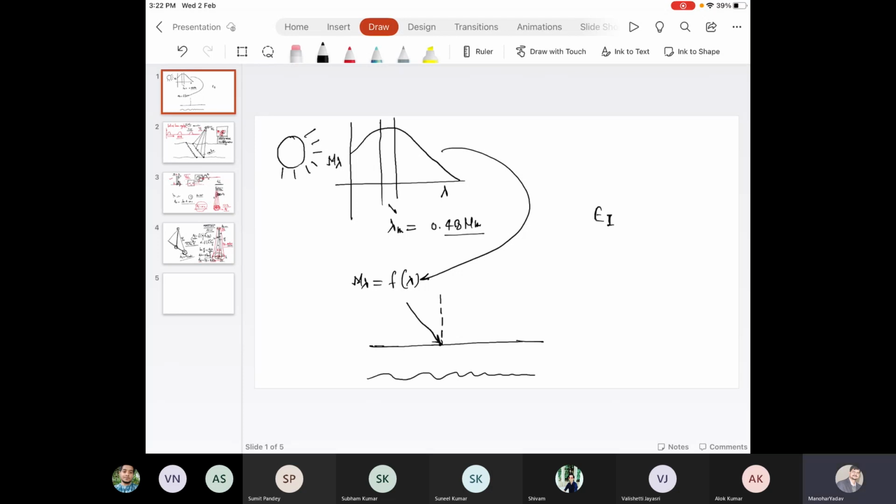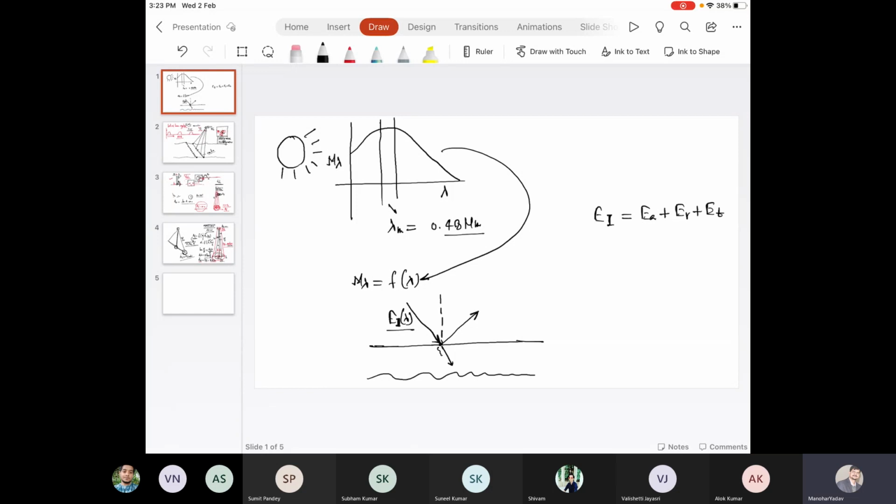This is the incident energy E_I, which is a function of wavelength as well. We have a reflected component, a transmitted component, and an absorbed component. So E_I is equal to E_absorbed plus E_reflected plus E_transmitted.